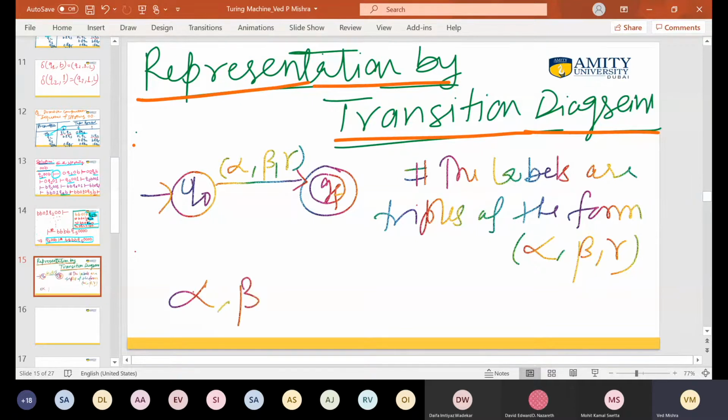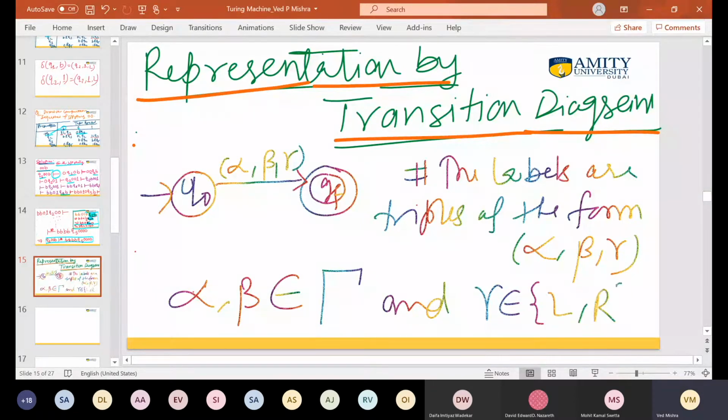Alpha and beta will be the elements of the tape symbols, and gamma is the element of direction, either left or right. Alpha and beta are tape symbols and gamma is the direction.